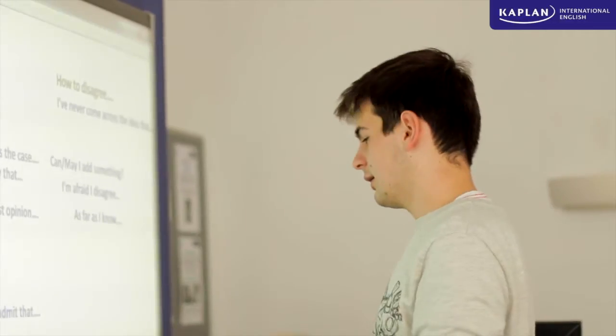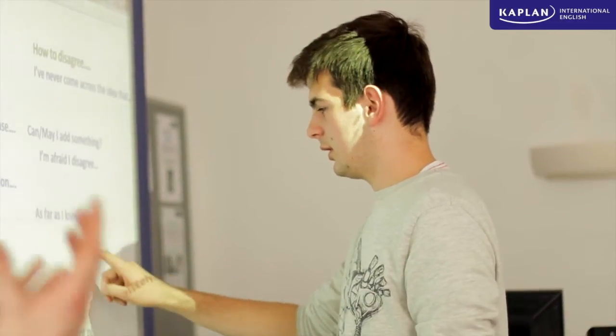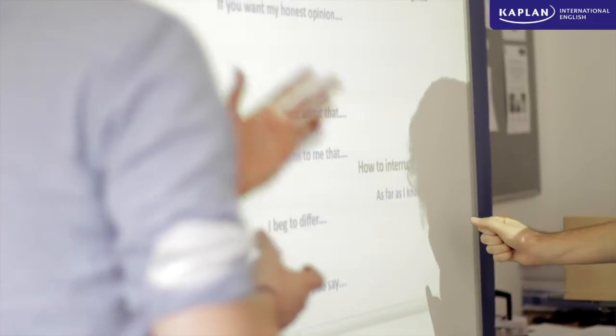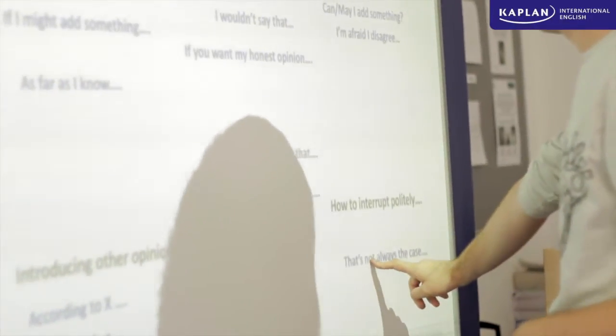This is also so that later on in the lesson, when we do the live debate, students can revert straight to these phrases on the board and we can use these in real time. So help them out.